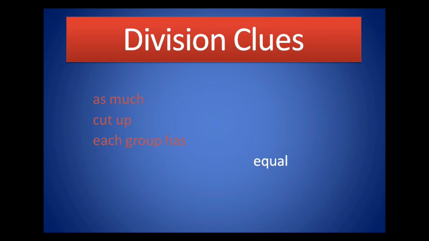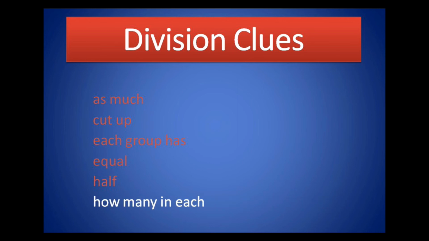Let's look at the next one. Equal. If you see equal, that should light you up and put you on that path of division. Okay, let's see what else we got. We got half, which means we're going to divide something in half. It should be a division clue, and it should lead you down that path.